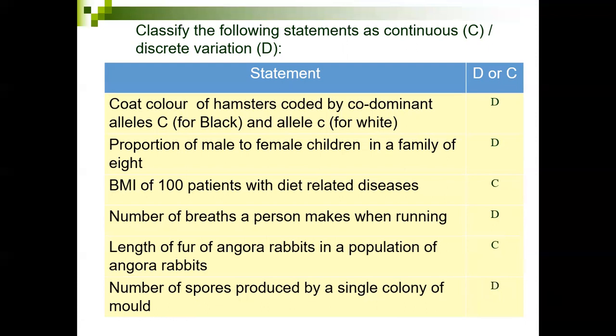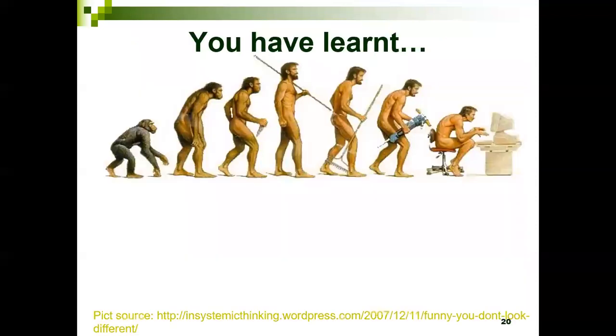Number of spores cannot be 1.5 or 1.25, like number of babies. Cannot be 1.75. This is discrete. Discrete means 1, 2, 3, 4, 5, right? Continuous is like 1.48, 1.97, correct or not?